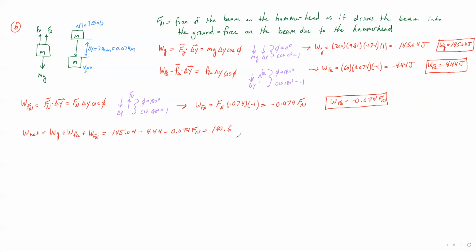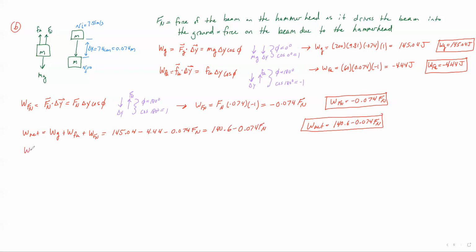Now, how did I get that, to make sure I'm correct here? It should be equal to, oh yeah, it's 140.6, right? Minus 0.074 F_n. So that's my W net. Let me write that down. 140.6 minus 0.074 F_n. So here in this case, I don't have a number for W net. I have an expression where I need the normal force, but I'm solving for the normal force.